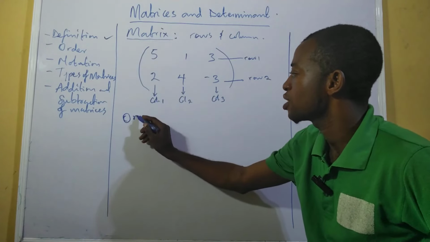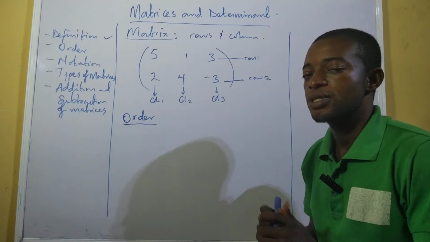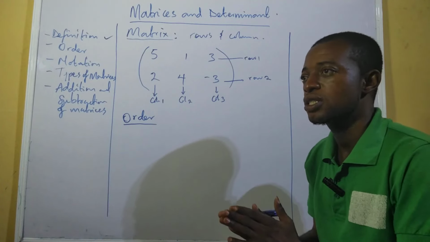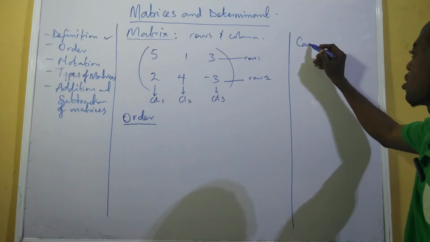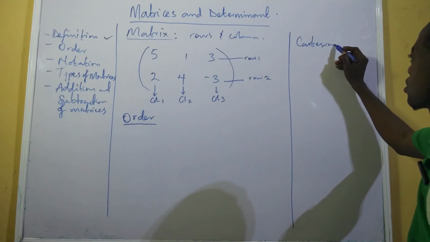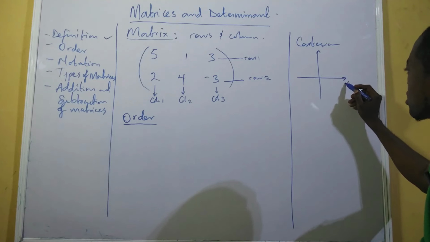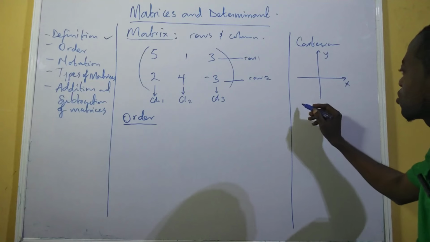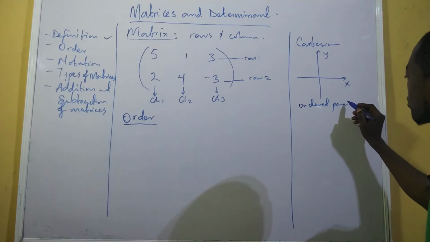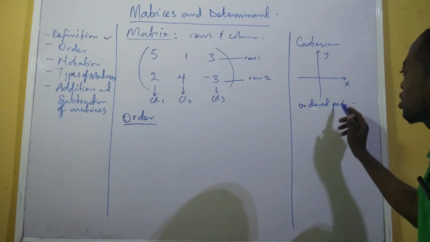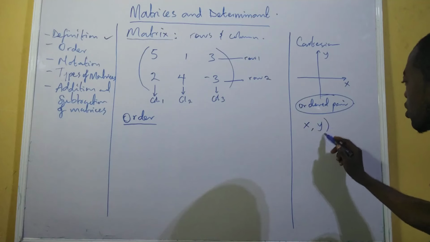Now we are done with the definition. Now to the order of a matrix. The word order means arrangement, when something is orderly arranged. In the Cartesian plane, which is x and y, we have something called an ordered pair. For the Cartesian plane, it's usually x first before y.